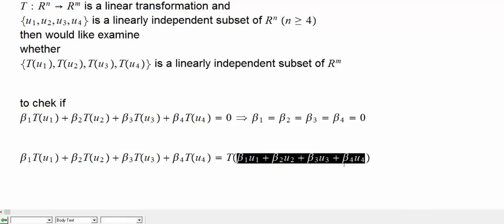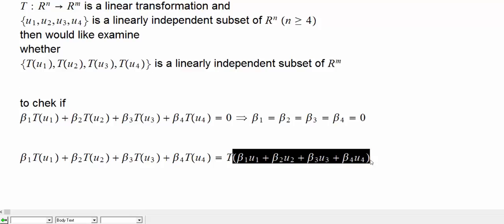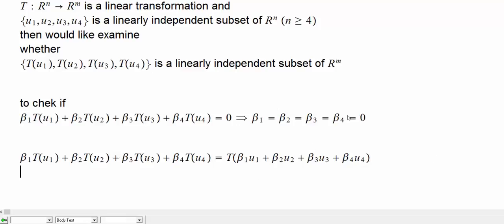Now the problem is that if this quantity is 0, we can't conclude that this will be 0 as well. It's not necessary that anything landing at 0 will be 0, unless, if you recall, T is a 1-1 linear transformation. So here, unfortunately, we are not able to apply that argument.